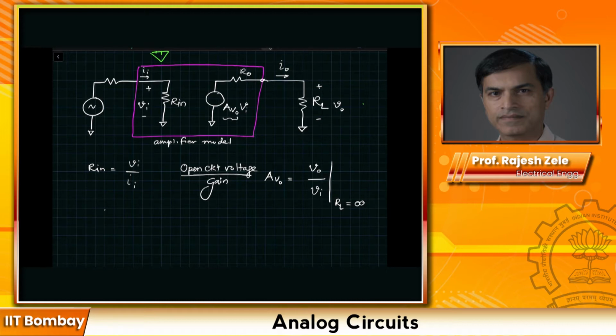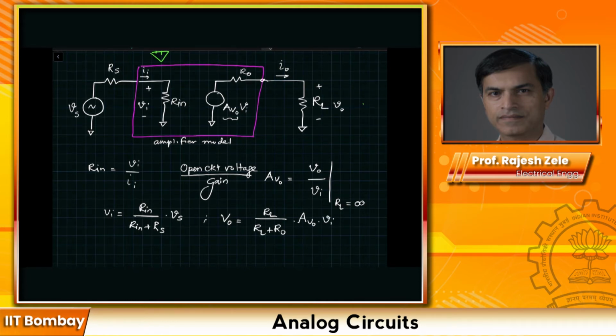What is Vi? Vi is given by a resistive divider. Let's call the source resistance Rs and the source Vs. So Vi is given by Rin divided by (Rin plus Rs) times Vs. Similarly, we can write Vo is equal to RL divided by (RL plus Ro) times Avo times Vi.